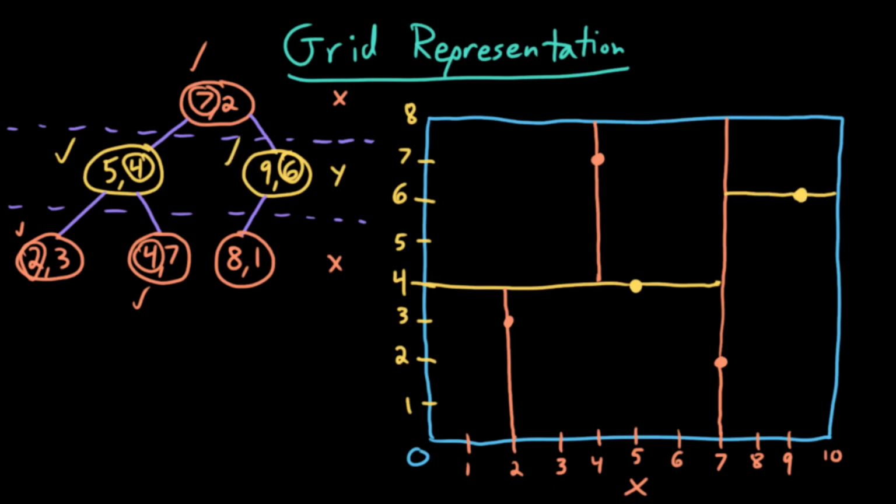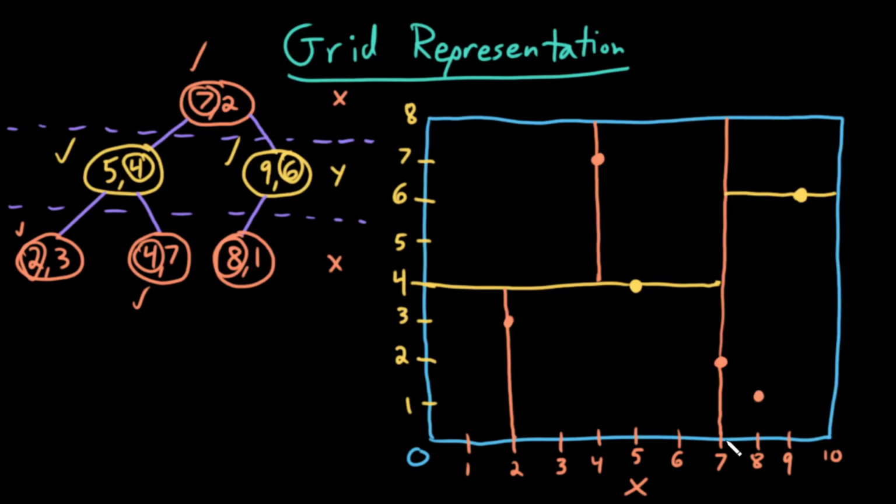That's done. Now my last point. So given that I'm greater than x equals 7, so I'm on the right side, and I'm less than y equals 6, so I'm below this point, I have the point 8, 1. So 8, 1, which is a partition of the x dimension.